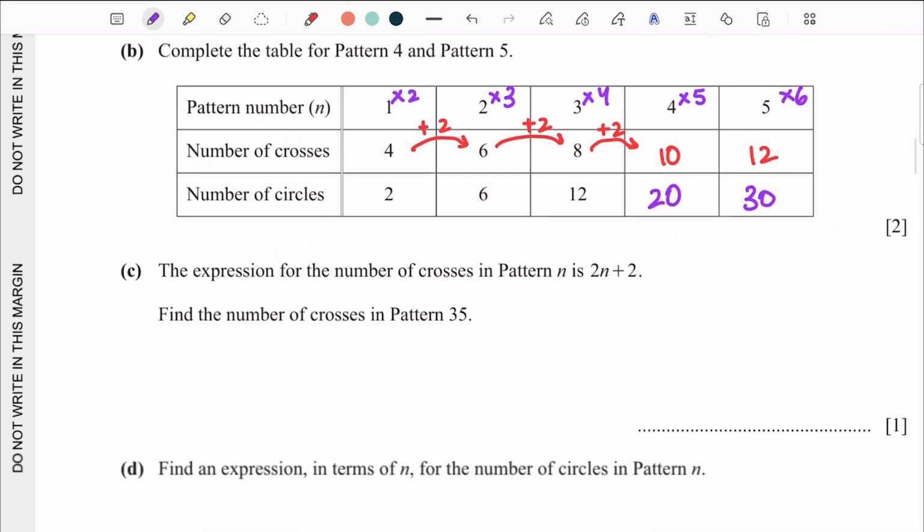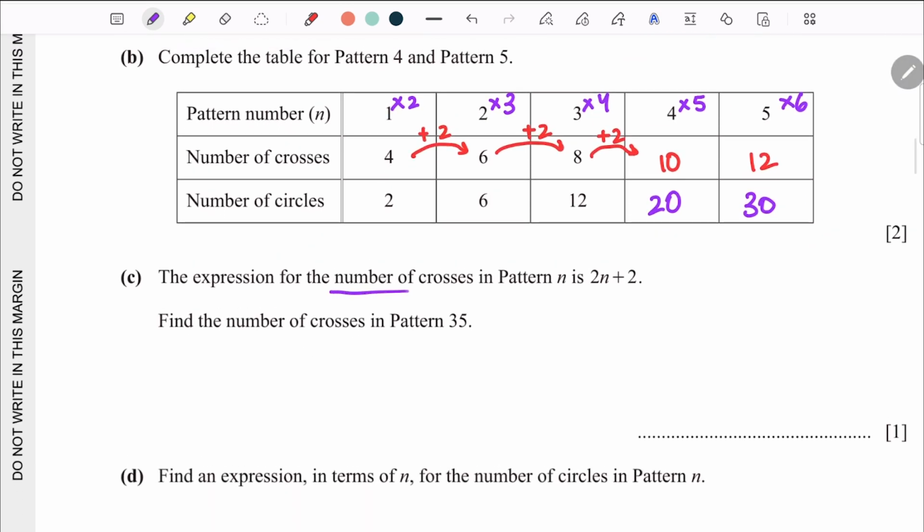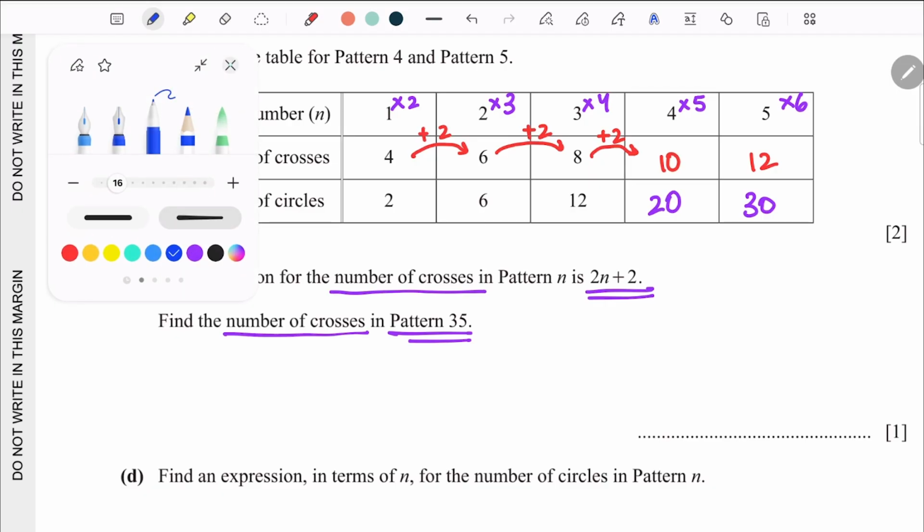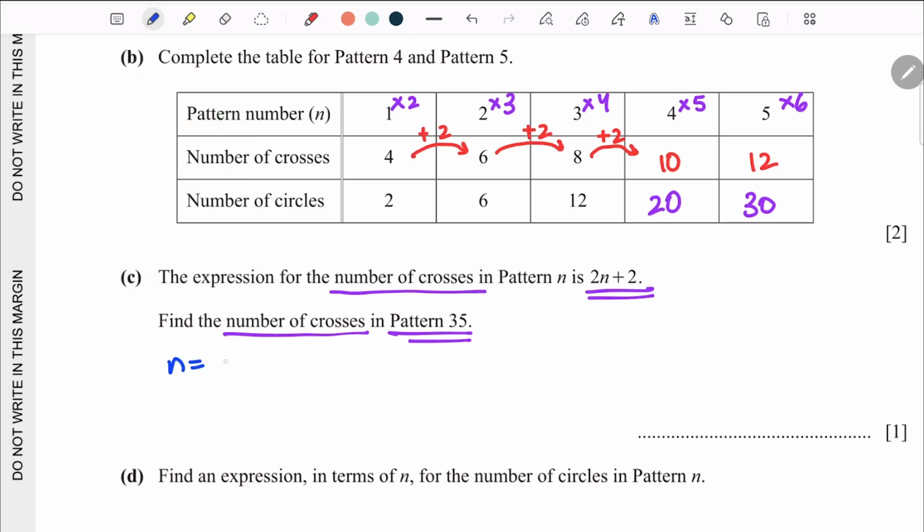In part C, the expression for the number of crosses in the pattern is 2n plus 2. Find the number of crosses in pattern 35. So they're giving us n which is equal to 35, and they're also giving us the formula to calculate the number of crosses, that is 2n plus 2.